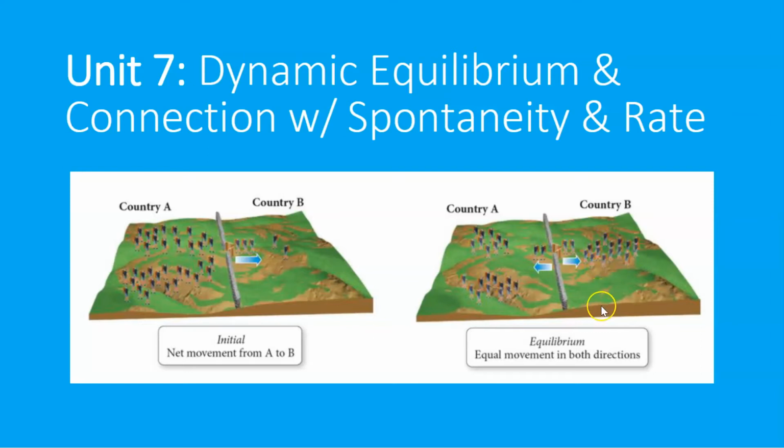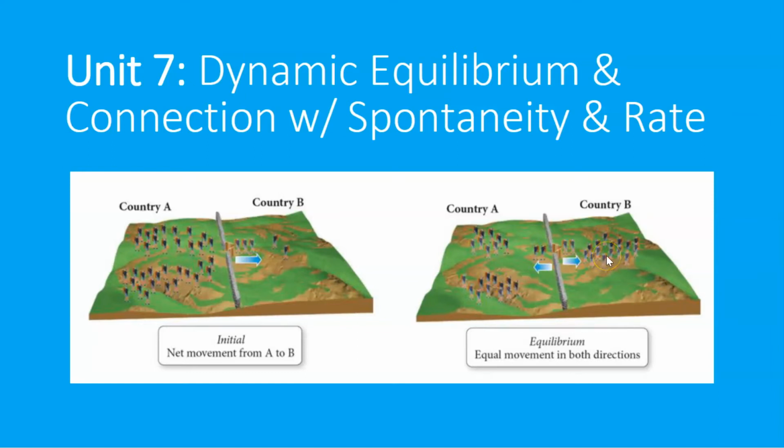So at some point, you'll have a steady amount of people in country A and country B, but the borders are still open and there is free movement between country A and country B. So even though the total number of people are steady in country A and country B, by the way, I'm not saying that they're equal, I'm just saying that they're steady, then you still have people moving back and forth, but it's just at the same rate.